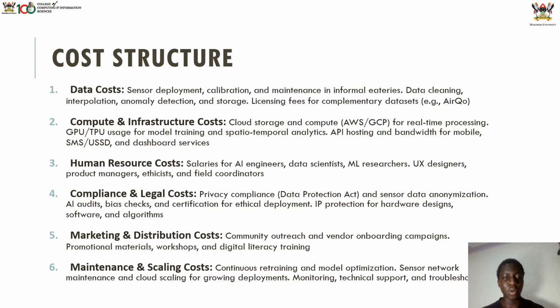And human resource costs like salaries for AI engineers, data scientists, ML researchers, UX designers, and product managers. There were also compliance and legal costs, marketing and distribution costs, and maintenance and scaling costs.